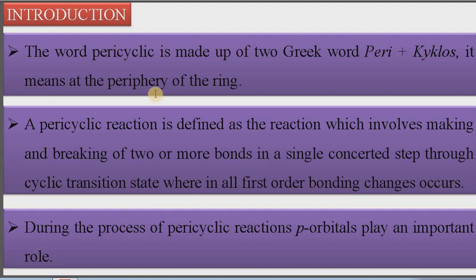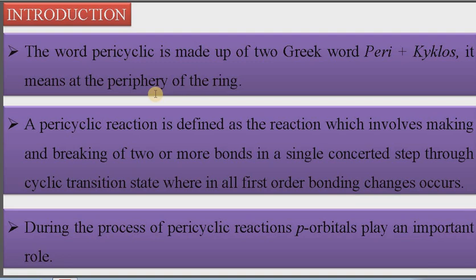The word pericyclic is made up of two Greek words, peri plus cyclos. The meaning of these words is at the periphery of the ring. What is the meaning of this periphery of the ring? It means that the reaction takes place around the circle or around the ring.